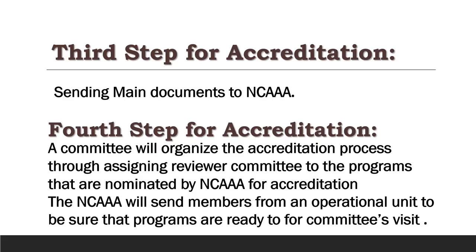And because the NCAA standards are updated, we will talk about the new 6 standards. The fourth step for accreditation is that a committee will organize the accreditation process by assigning a reviewer committee to the programs that are nominated by NCAA for accreditation.